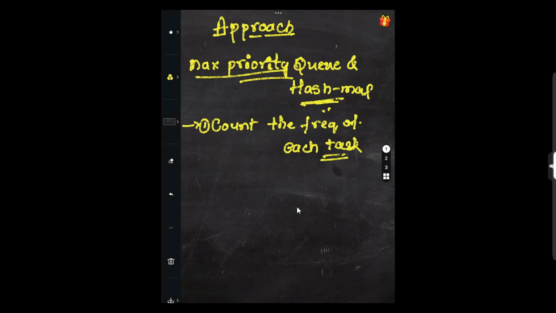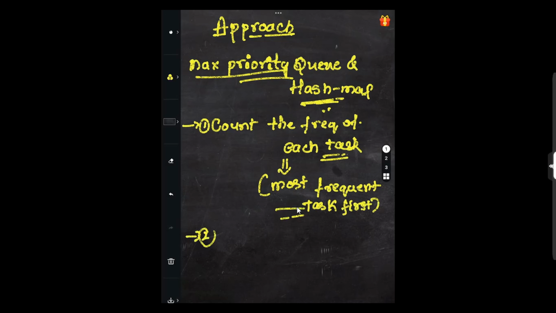We first count how often each task appears in the input, and then we store that in the max heap, or max priority queue, since we always want to execute the most frequent task first. This one we have to keep in mind. We always want to execute the most frequent task first. This is the first step.